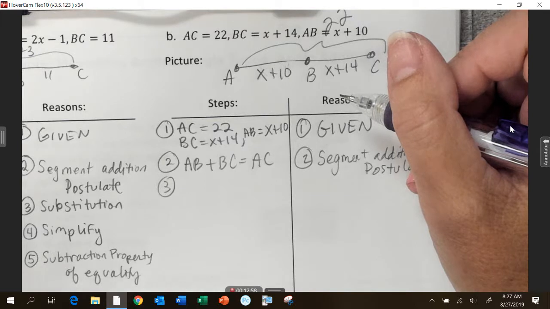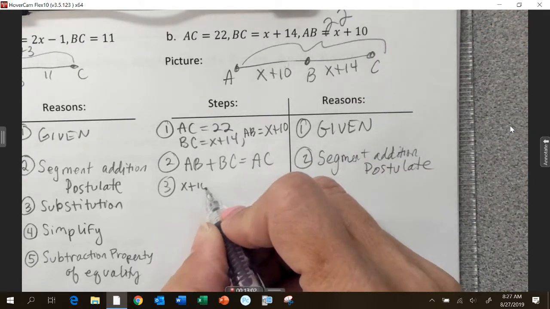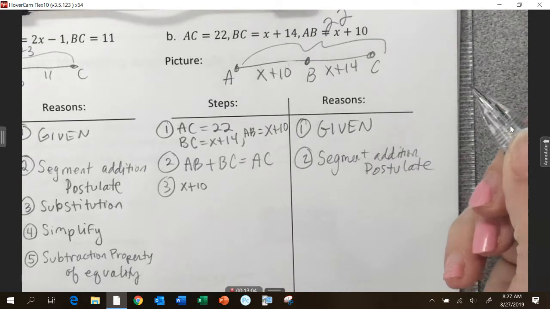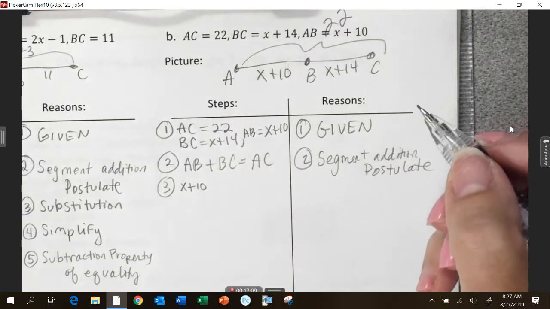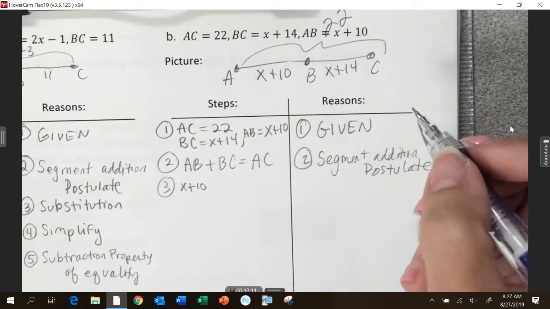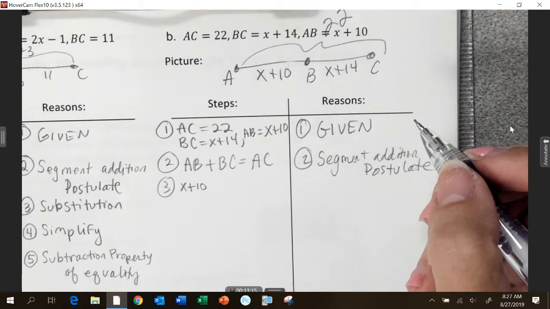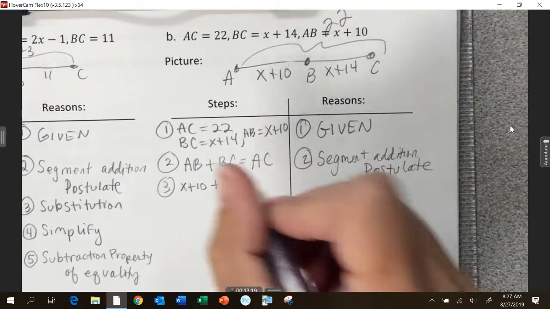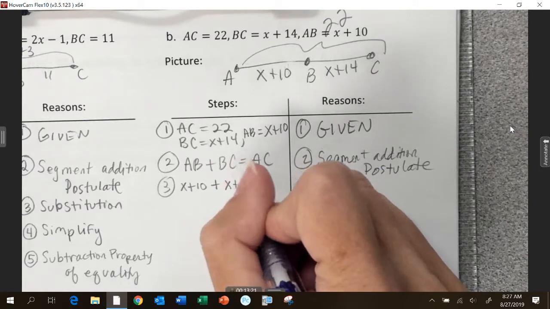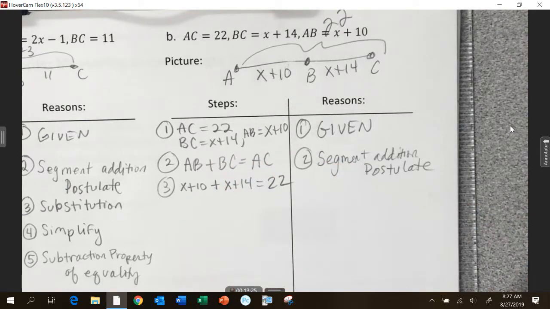X plus 10 so far is right. You're doing it right. Plus x plus 14. Yeah, equals 22. Yeah, that's perfect.